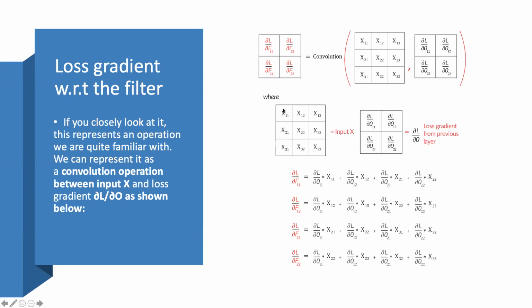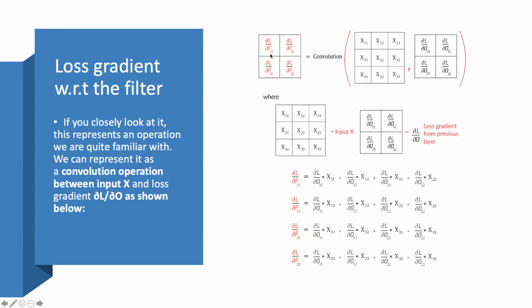Okay, so let's have a look. First let's consider the case where we are finding it with respect to filter F11, okay? What do we want to do? We have passed a filter over the input X. We want to find the gradient with respect to that particular portion of the filter. Let's consider F11.